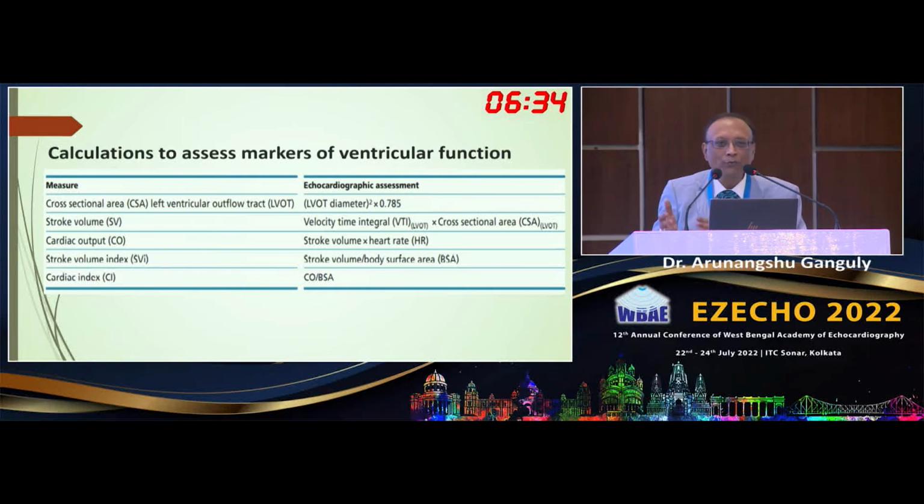The stroke volume, you know the velocity time integral at the level of LVOT into cross-sectional area. Cardiac output is this into heart rate. So you get cardiac output, you get pulmonary vascular resistance. This is a total right-sided heart study for pulmonary arterial hypertension, which has to be done.